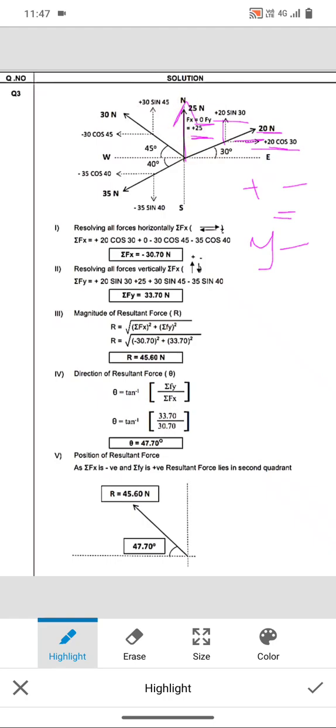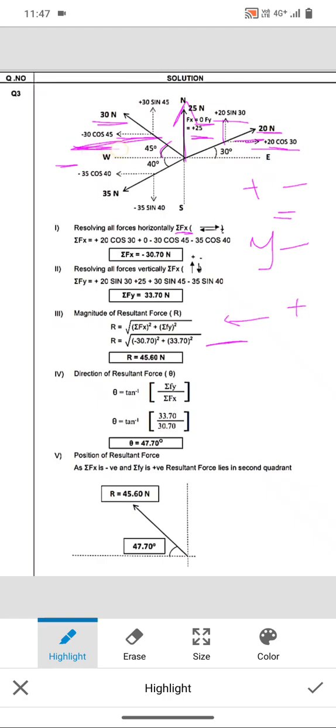Then the third force is 30 Newton towards north of west at 45 degrees. Its horizontal component is minus 30 cos 45. The minus sign is because the force is acting towards the left. The sign convention of horizontal forces is towards right positive and towards left negative.